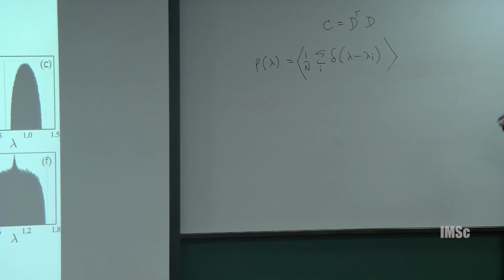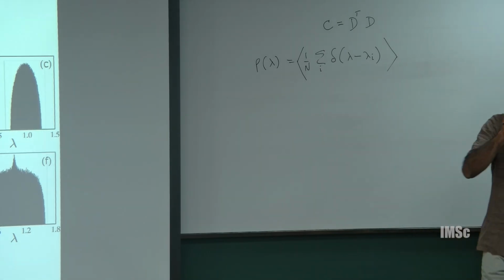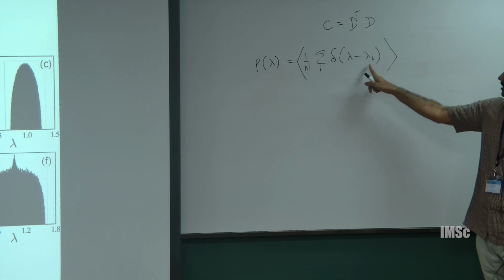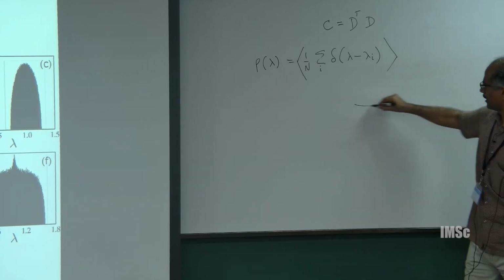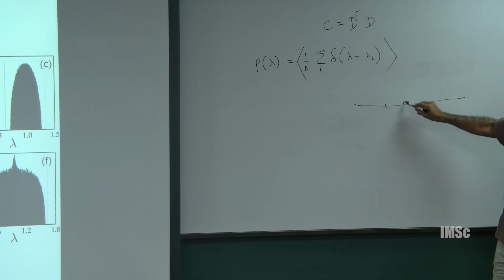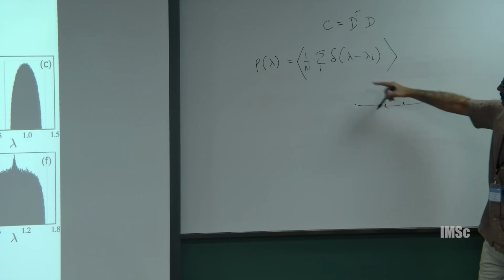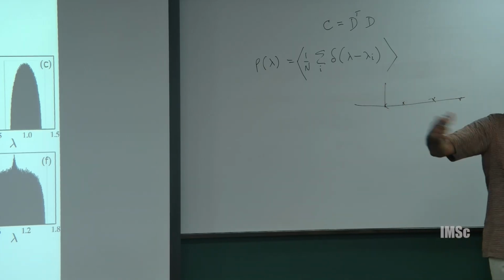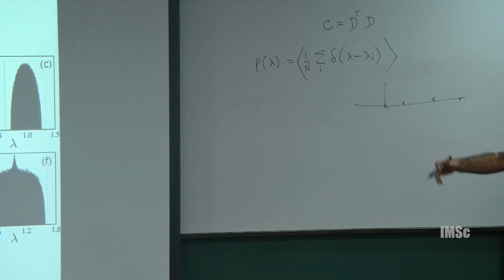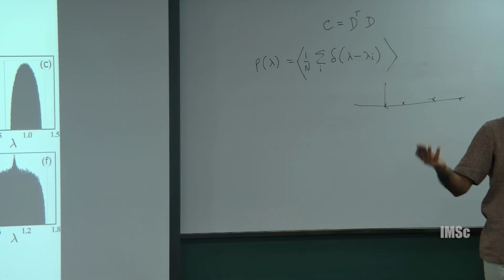So if you know what this delta function is, it simply gives you an infinity every time you hit upon an eigenvalue on the real axis. Okay. So you have a real axis and there are occasional eigenvalues here. Every time you hit upon one, it generates an infinity for you. So you simply count the number of such infinities, and this symbol here says to average over many realizations.